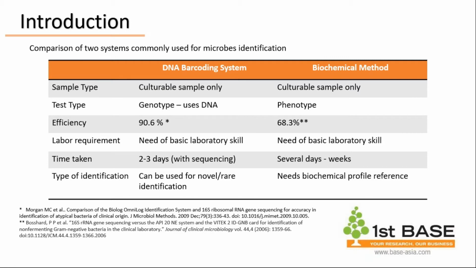Each different species of microbe has a different and unique DNA sequence, so they encode a different and unique set of proteins, which can catalyze different biochemical reactions. Thus, these two methods are used to identify microbes. And here we will have a brief comparison of these two methods.